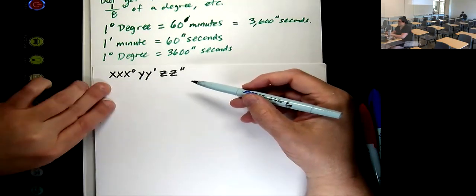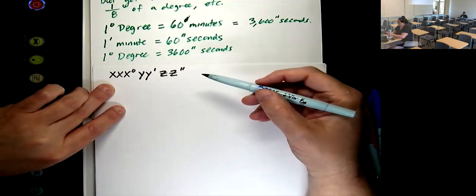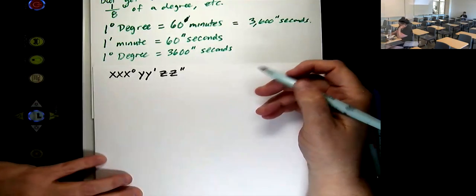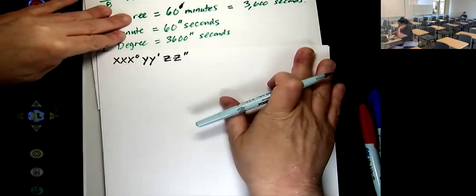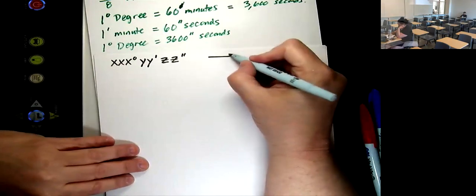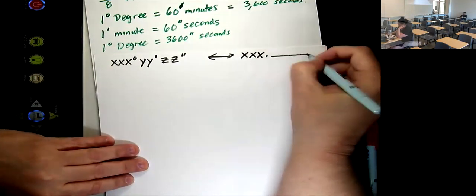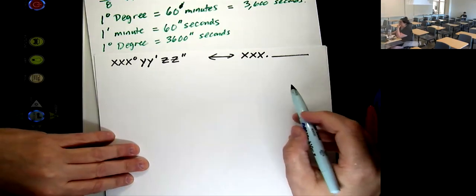I only wrote XXX because you could have over 100 degrees. In fact, since it goes up to 360, most degrees are over 100 degrees. But normally we want to just write it as XXX with some decimal value. So how do we do that?